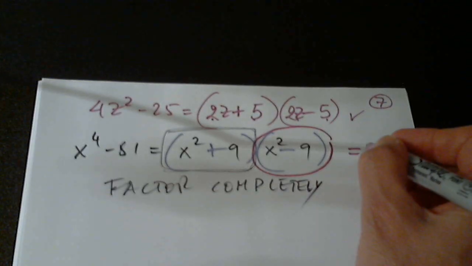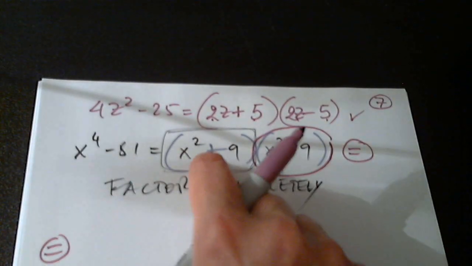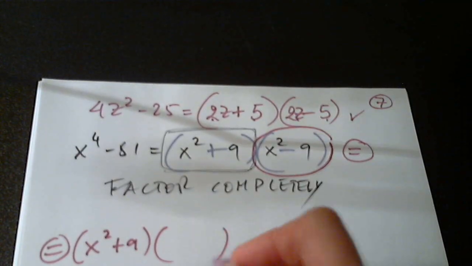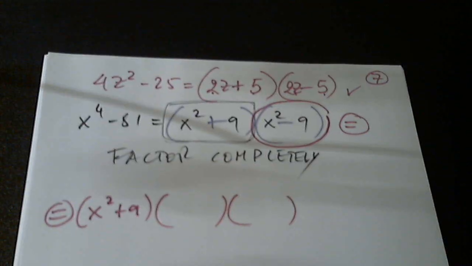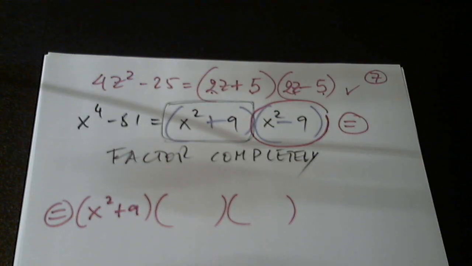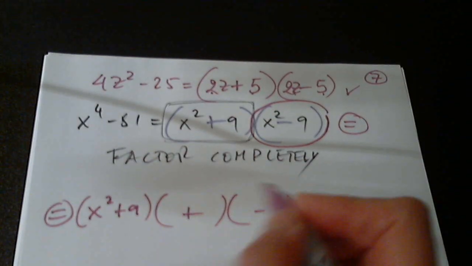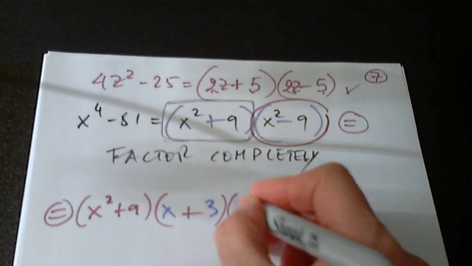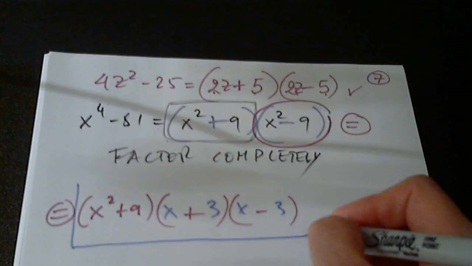Yes. This one has to stay as is. No one can touch it. But I know you're going to say the difference of squares, and you will tell me what it is. x and 3. Exactly. Done.